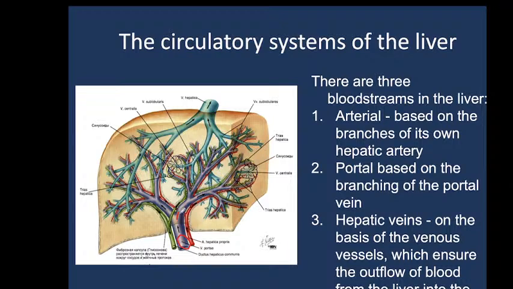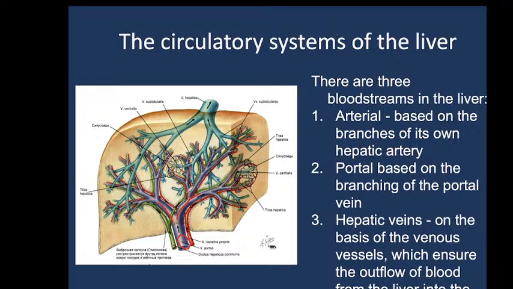Usually arteries have branches, but only one vein in our body, the portal vein, has branches which transport blood into the liver.